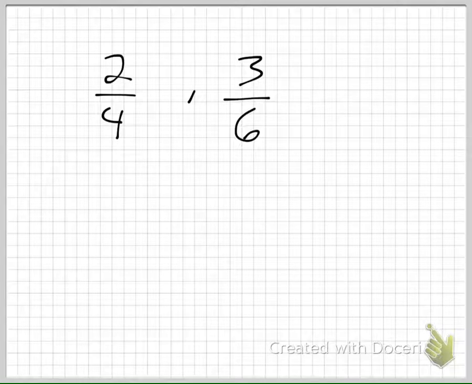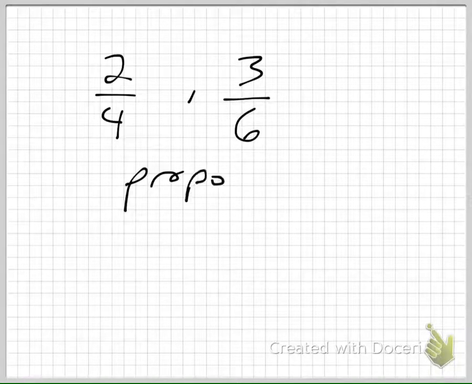Equal ratios form a very special pair of ratios called a proportion. Equal ratios form what is called a proportion.